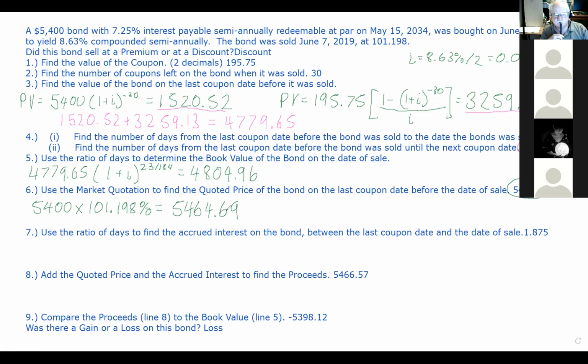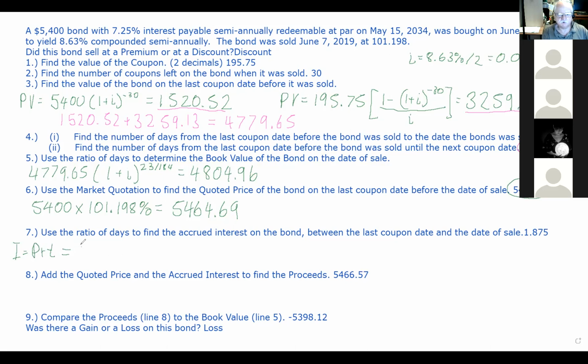And then use the ratio of days to find the accrued interest on the bond between the last coupon date and the date of sale. And so what they're doing is they're taking this and multiplying it by basically this formula here, I equals principal times the rate times the time.